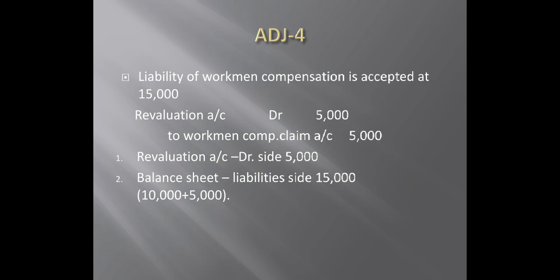You can distribute this amount among partners in their old ratio only if the adjustment related to this reserve is not given. But during this sum, they have given a related adjustment to workmen compensation fund, and that is the reason we have not distributed it. Instead, we have written it as a liability. Your adjustment simply says that you are supposed to pay 15,000 towards workmen compensation. That means the firm is liable to pay 15,000.